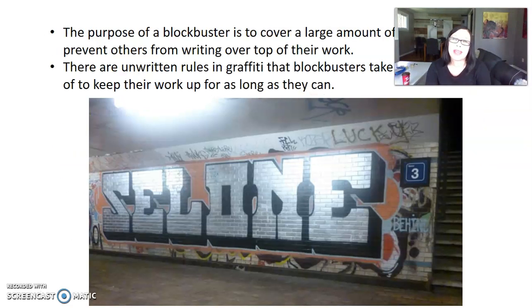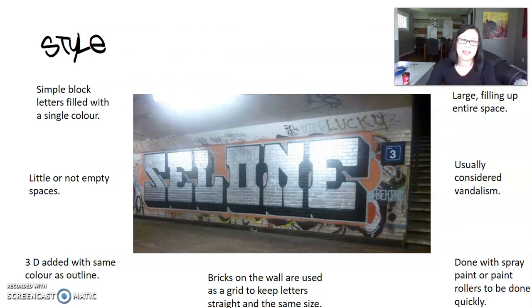Again, the purpose of a blockbuster is to cover a large amount of area to prevent other writers from writing over top of their work. The rules I just talked about are what let blockbusters stay up for as long as they possibly can. A blockbuster is simple block letters filled, with an outline in a single color. There's little or no empty space.